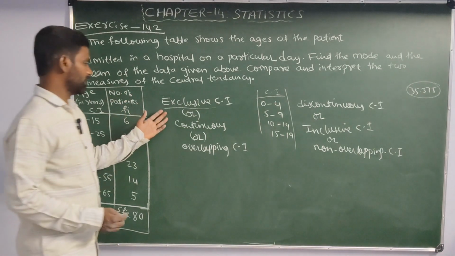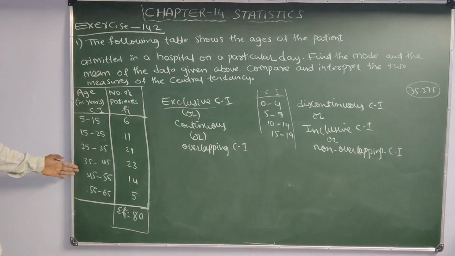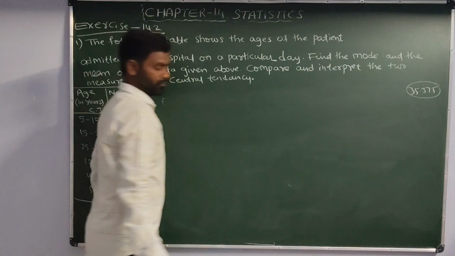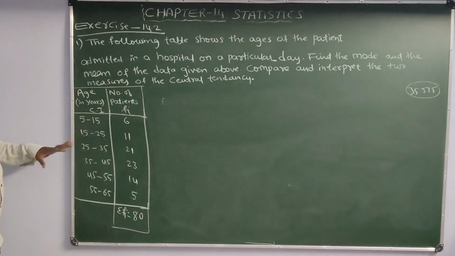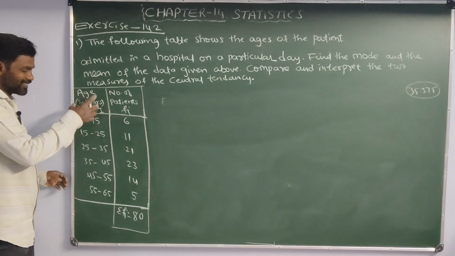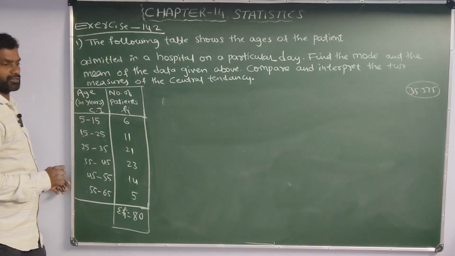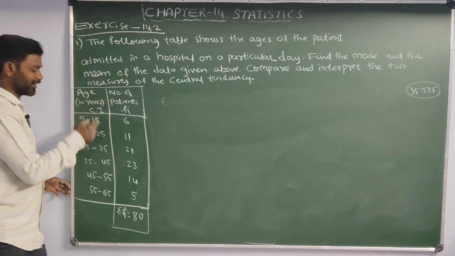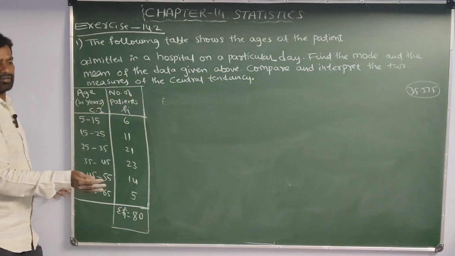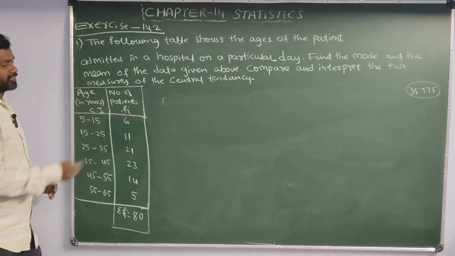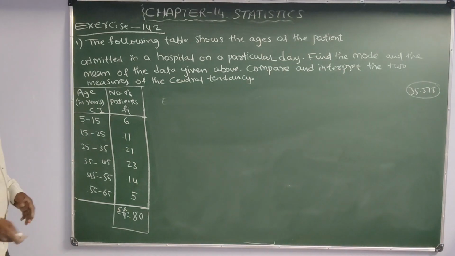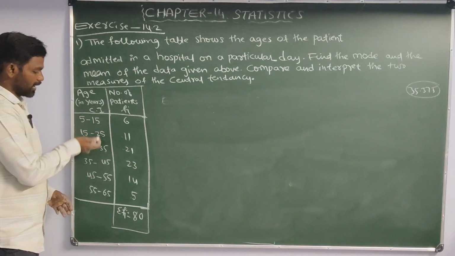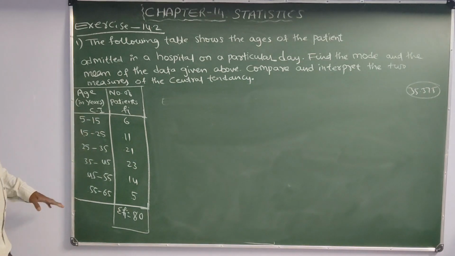So here the class intervals are exclusive. While finding the mode, we have to concentrate on the class intervals. If the class intervals are exclusive, that is continuous, then only we can proceed to the next step.